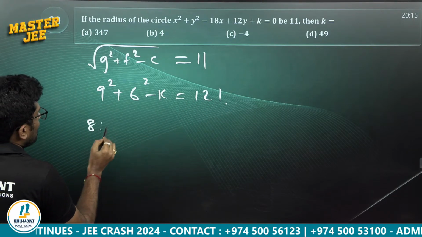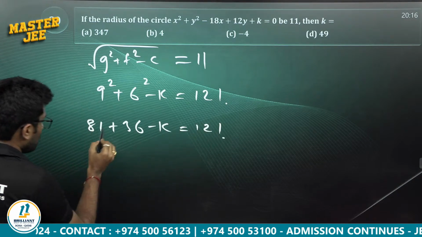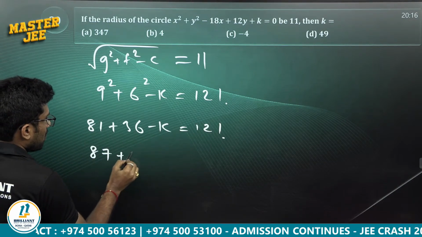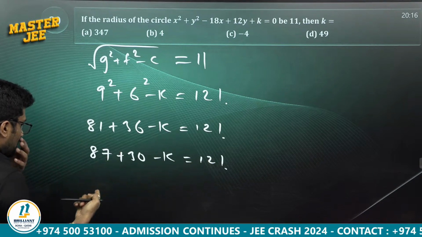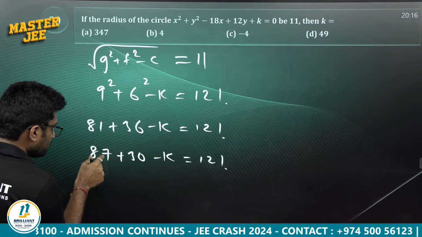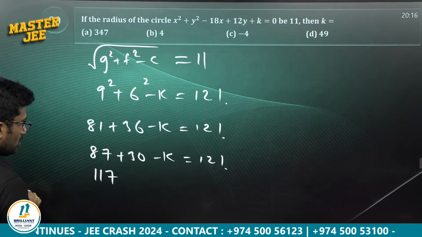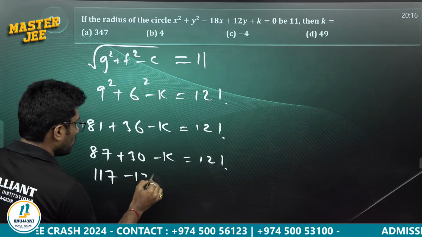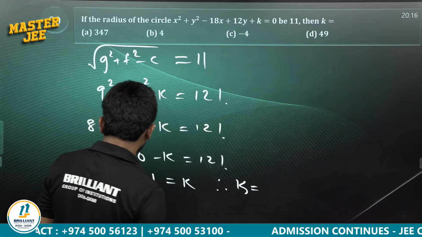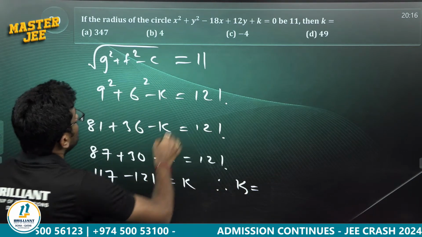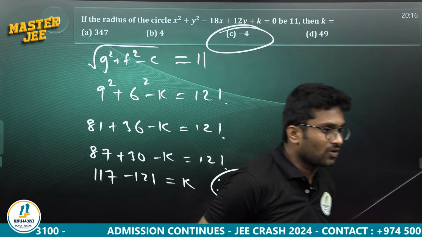So 9 square is 81 plus 36 minus k is equal to 121. 81 plus 36 will be 117. 117 minus 121 is equal to plus k. Therefore k is equal to minus 4 is our answer. k is equal to -4.